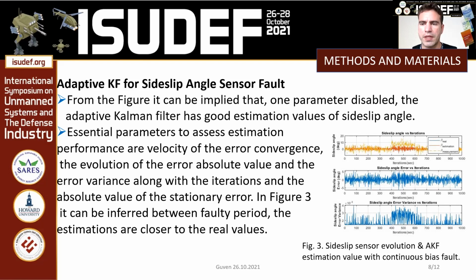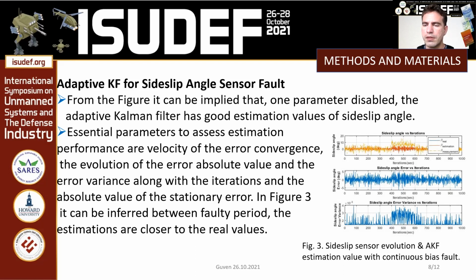The Kalman filter is adapted to the fault and estimates values which are closer to the real values, so the fault is accommodated, and it's a good remedy method for sensor faults.